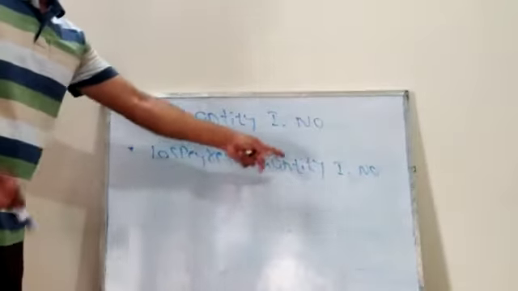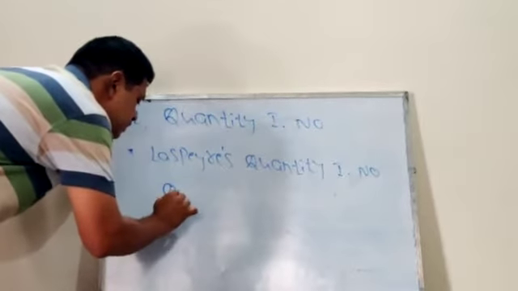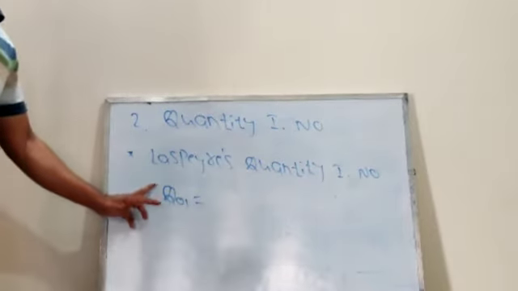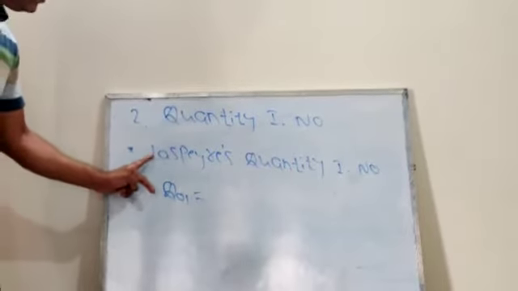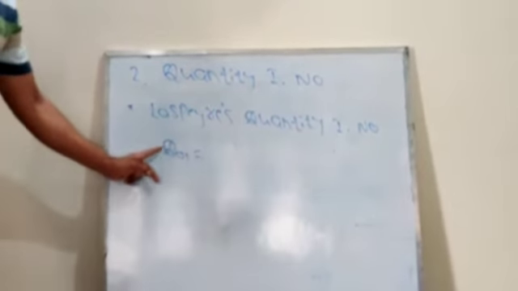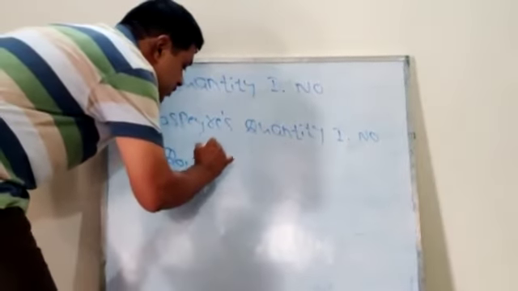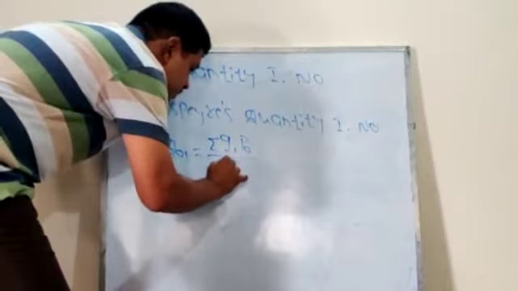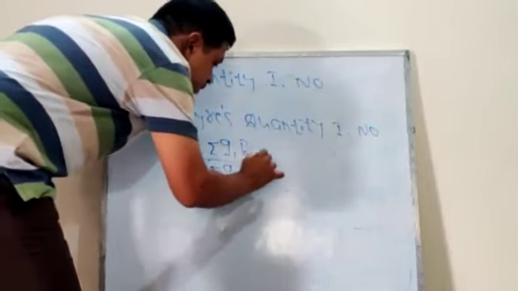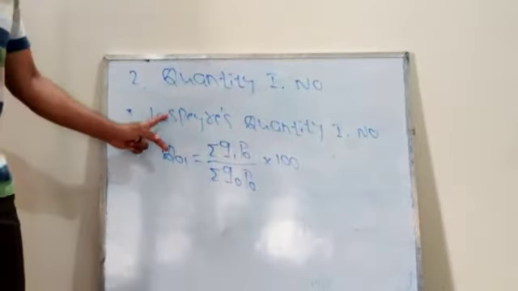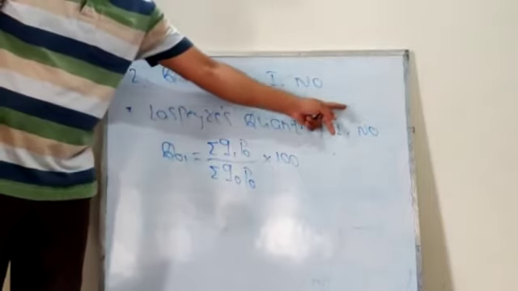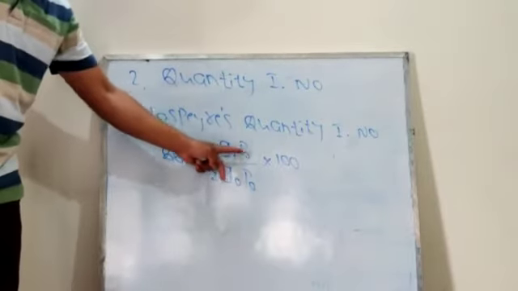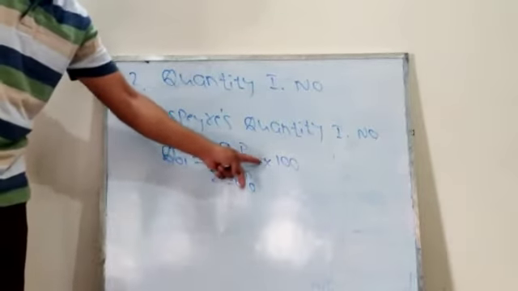In Laspeyres quantity index number, the formula is denoted Q01, but in case of price index number we take P01. For Laspeyres quantity index number, Q01 equals summation Q1 P0 divided by summation Q0 P0, into 100.